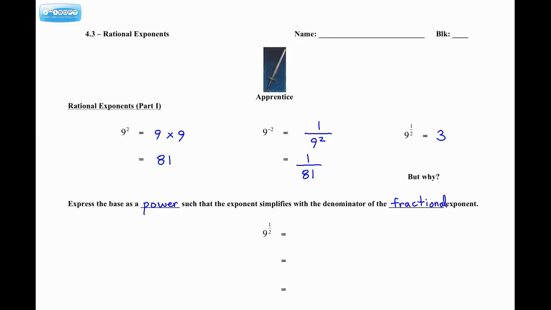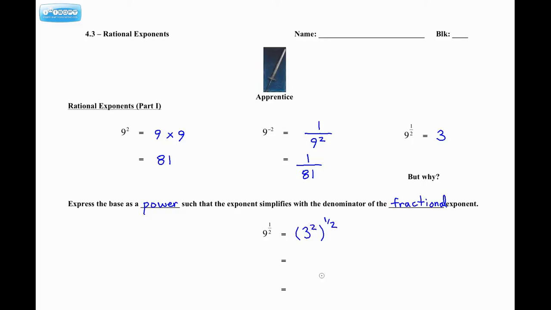Here's what that all means. So I'm going to take the base, which is 9. Remember, it's still being raised to the 1/2. But I'm going to write 9 as a power. Remember, the 9 is the same as 3 squared.